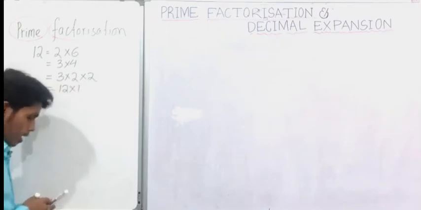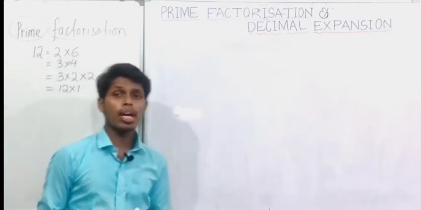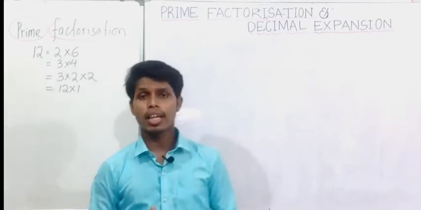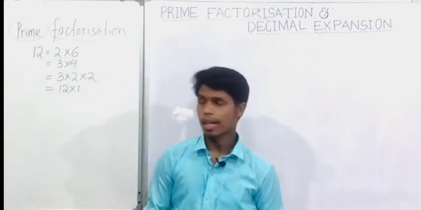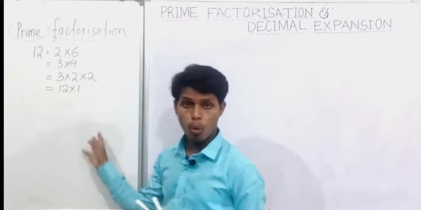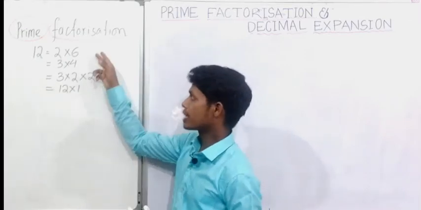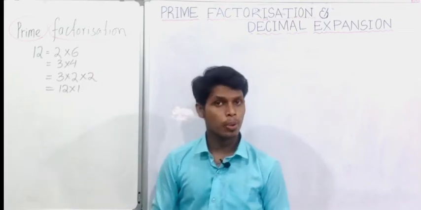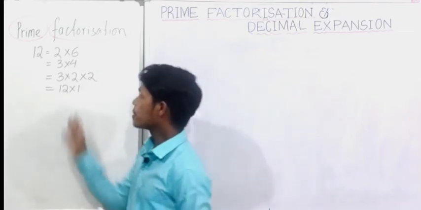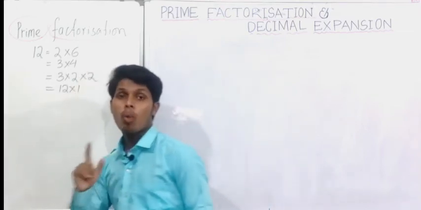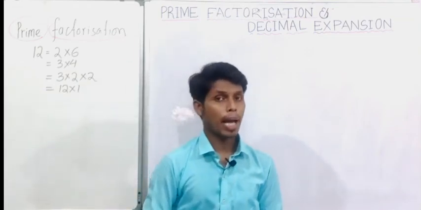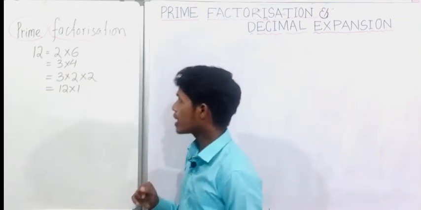So a number can be written in many ways by multiplying the factors of that given number. So in all these four ways 12 can be factorized, or we can say these are the factorizations of 12. Out of these four factorizations, one of these is prime factorization. Which one is it?